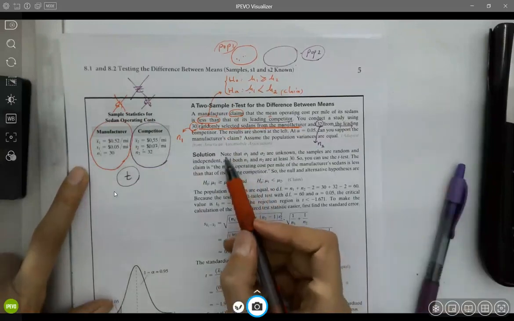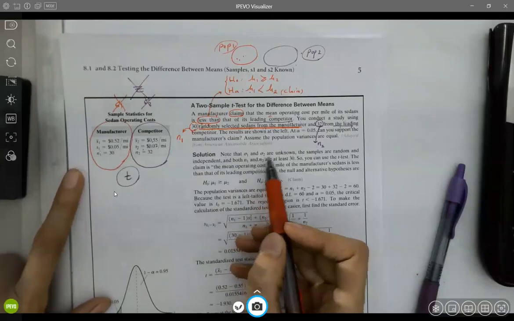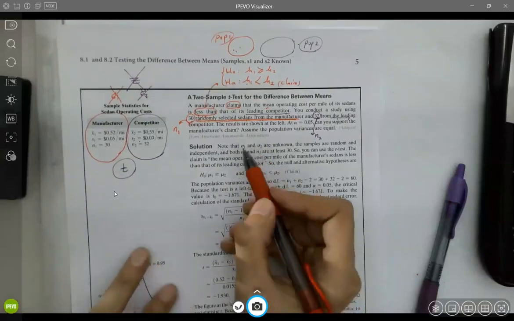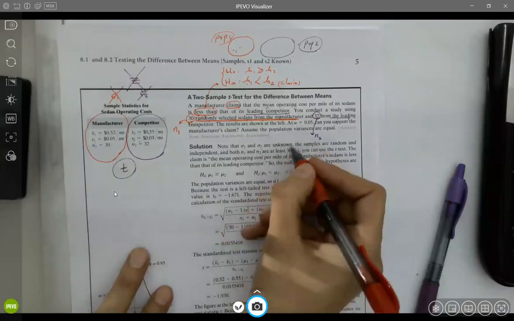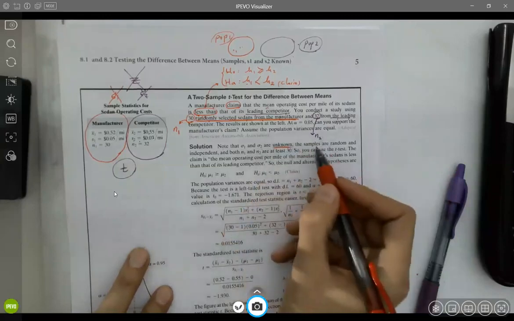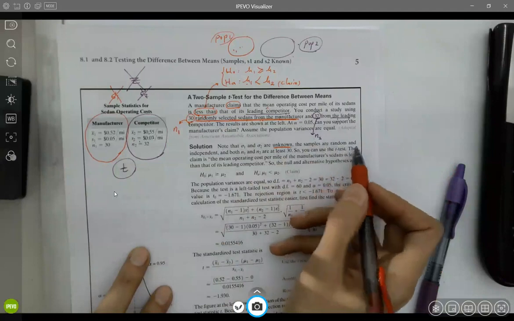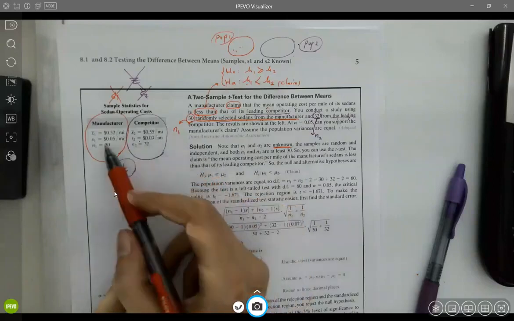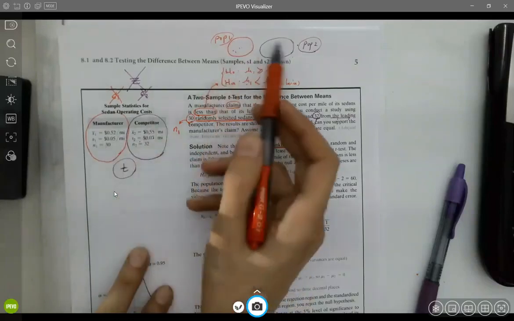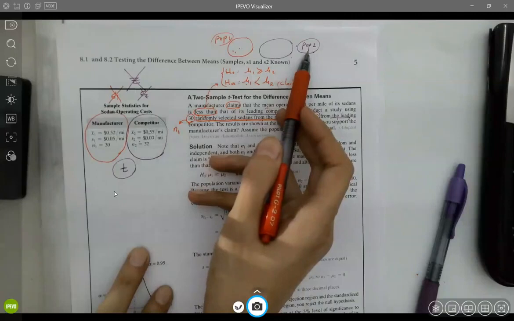Note that sigma 1 and sigma 2, the population standard deviations, are not given. The samples are random and independent from each other. Why are they independent? Because you took the first sample from the first population and the second sample from the second population. They have nothing to do with each other.